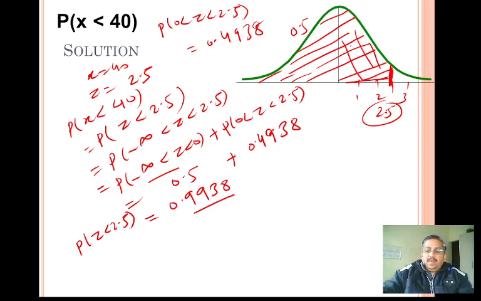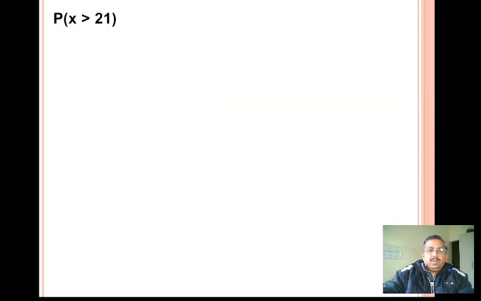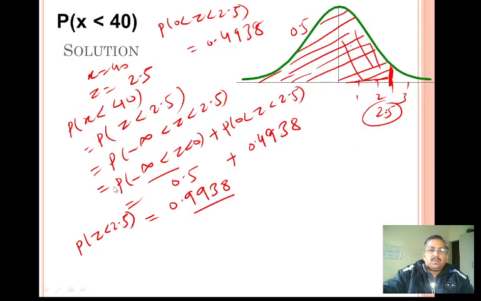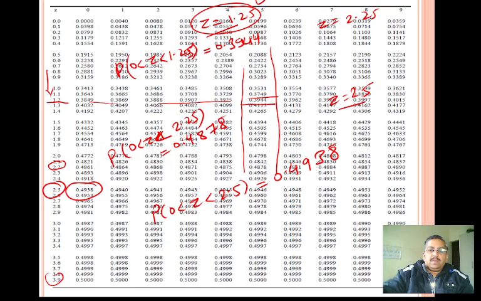Alright. The next question is related to x greater than 21, right? And for x greater than 21, again we need to understand what value of Z we have calculated and what values of Z we have taken from the table. For 1.25, you can see that this is 0.3944.